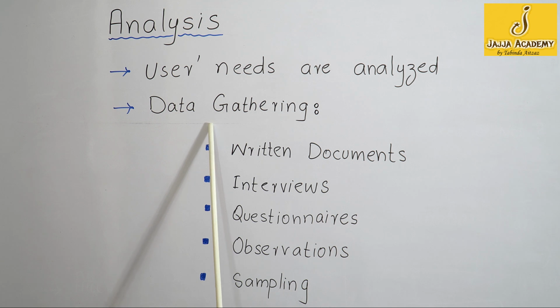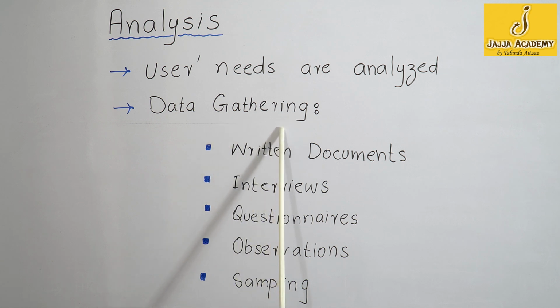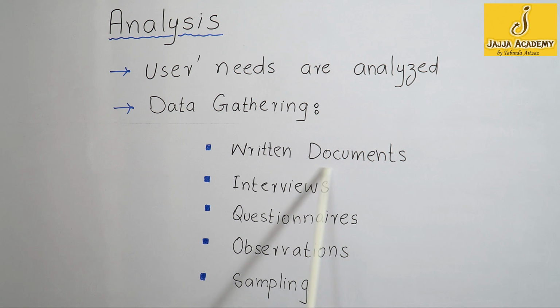Data gathering means collecting the requirements from users. There are several ways of data gathering, such as written documents, interviews, questionnaires, observations, and sampling. In this technique, the users are asked to write down their requirements and their expectations from the proposed system and provide those written documents to the analysis team.